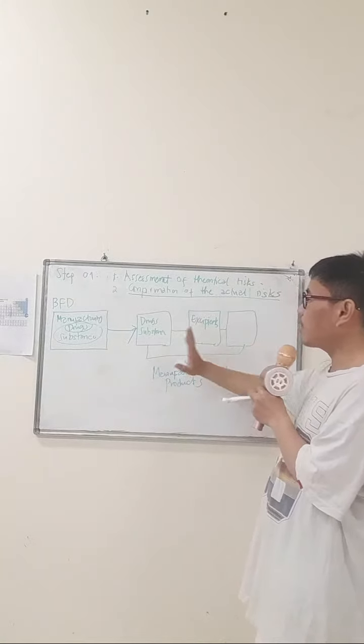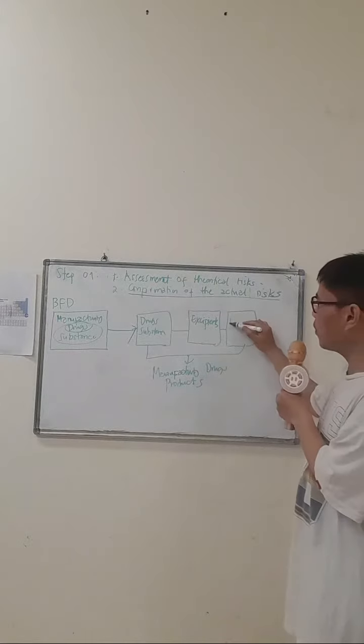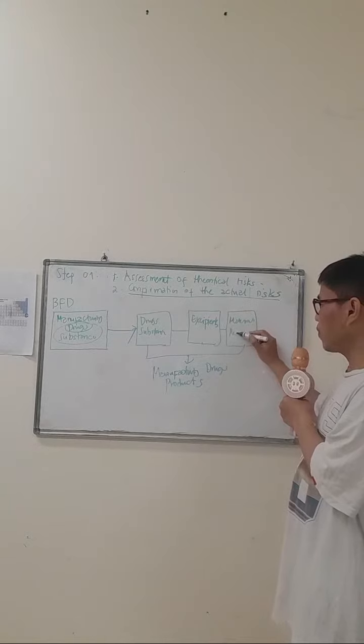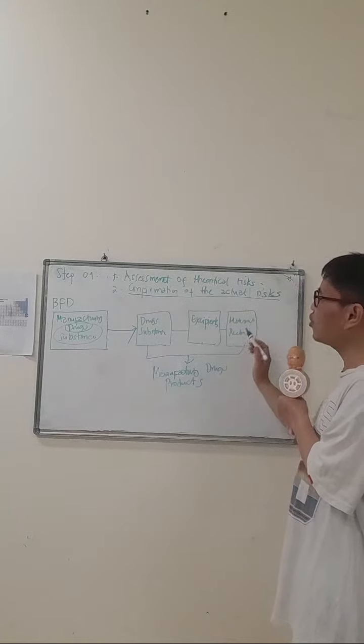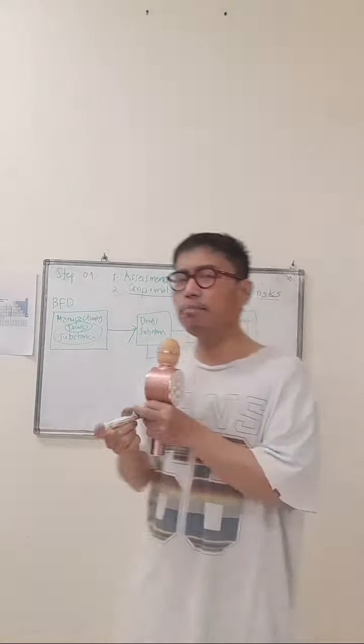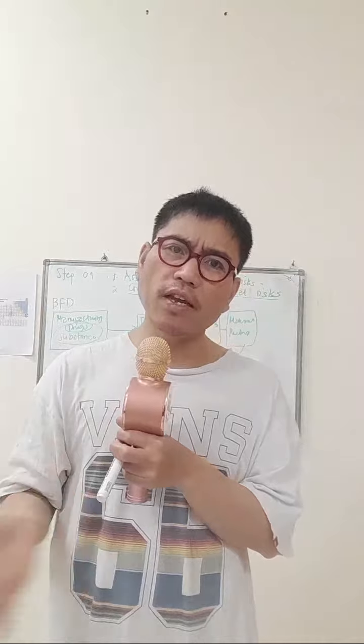And then drug substance plus excipients, then your material packaging. You have to package that one. So package your manufactured drug products. So this is going to be packed, for example your capsules, tablets, antibiotics, syrup.